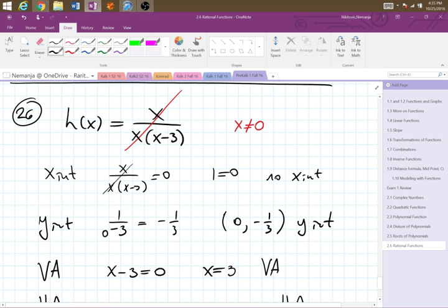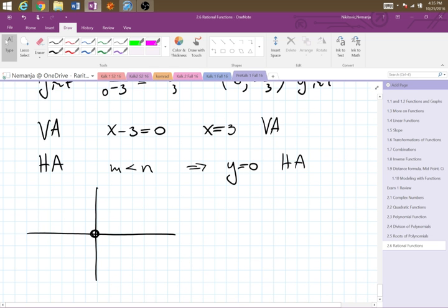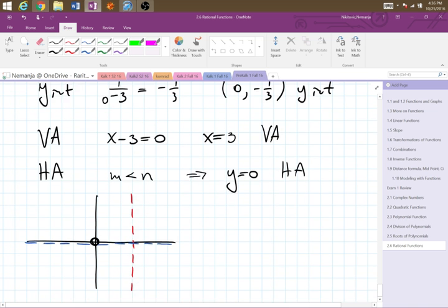You can't plug 0 in, but it's not a vertical asymptote at the same time. So it's just a hole in the graph. We have a vertical asymptote at 3, a horizontal asymptote at 0, and the y-intercept at negative 1/3.